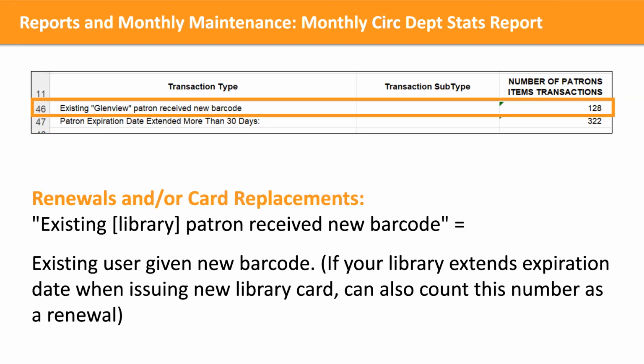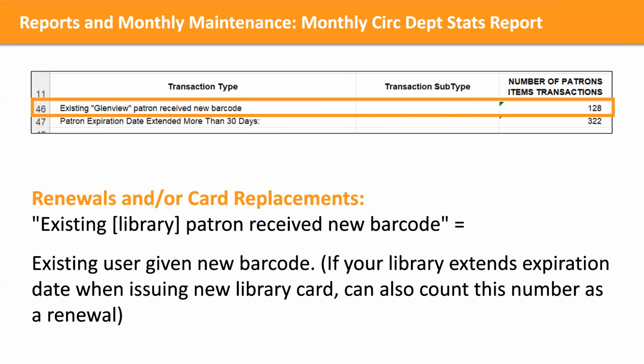Now, the report also gives a count of existing users who have been given a new barcode. If your library treats a card replacement like a renewal and you extend the expiration date at the same time you issue a new card, you can also count this number as a renewal.